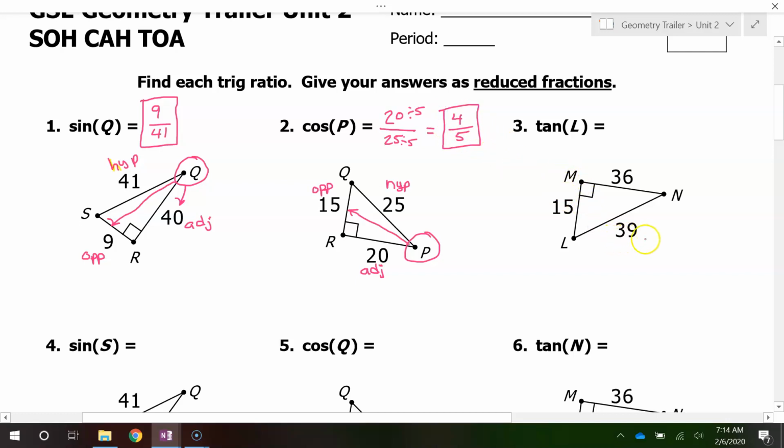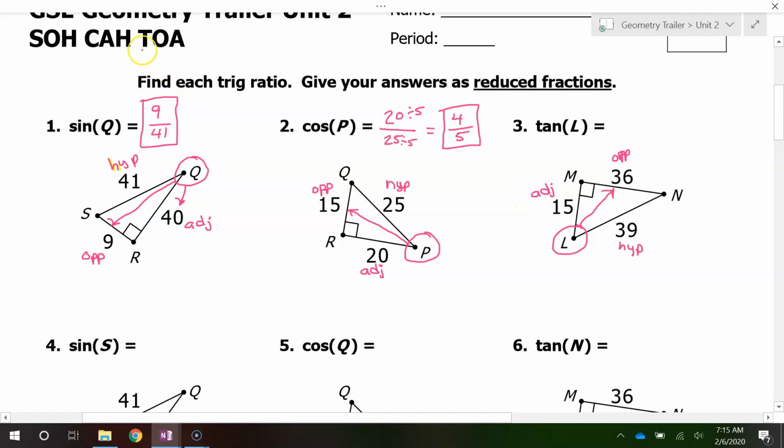For number 3, the hypotenuse is the 39 because it's across from the 90-degree angle. We're doing the tangent of angle L, so let's circle that and draw an arrow across from it. This will be the opposite leg, the opposite side. The other one will be adjacent.